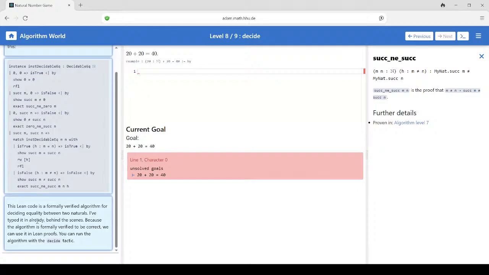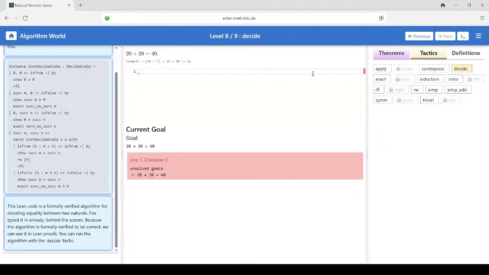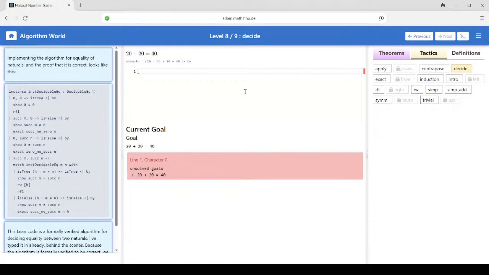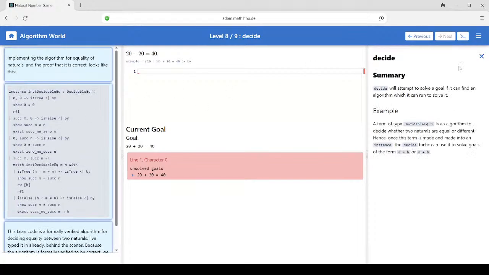I've typed it in already behind the scenes. Because the algorithm is formally verified to be correct, we can use it in Lean proofs. You can run the algorithm with the decide tactic. Decide will attempt to solve a goal if it can find an algorithm which it can run to solve it.